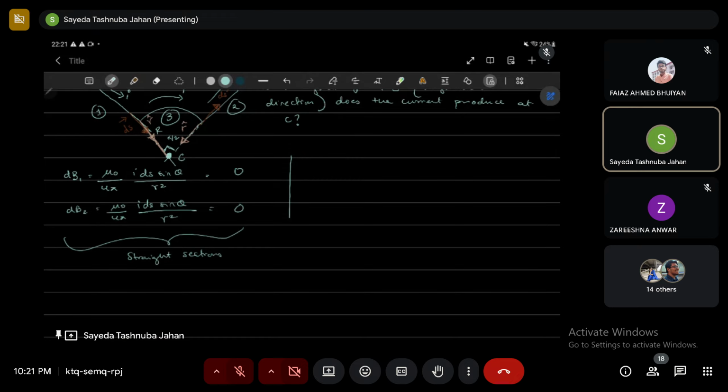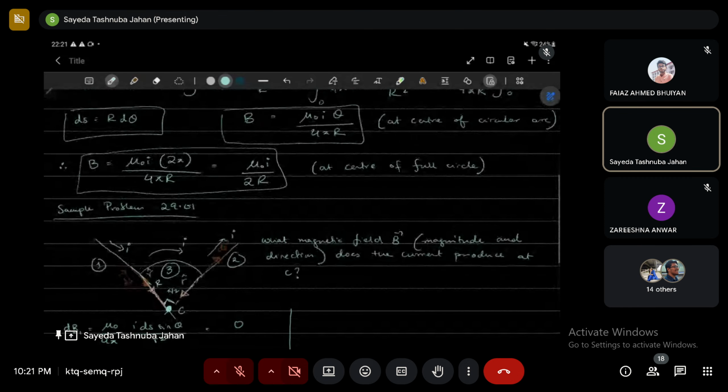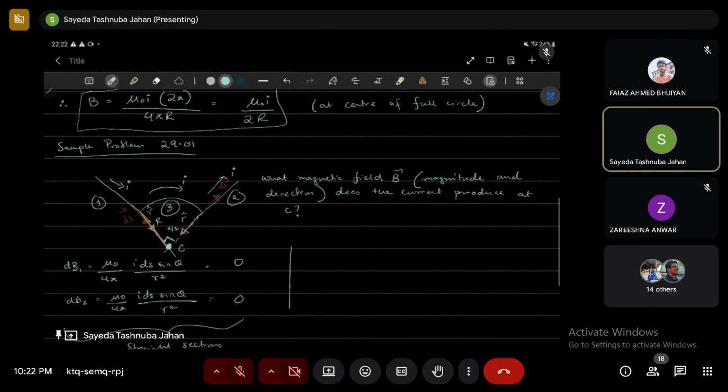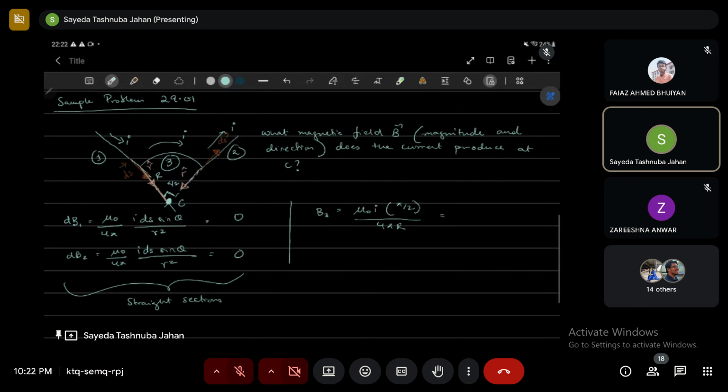Now for the circular arc, my expression is a bit different, and I have already derived it. So I can use this and write B3 as mu naught I by whatever angle this extends, which is pi by 2 in this case, divided by 4 pi r. And then what you will get is mu naught I by 8 r.